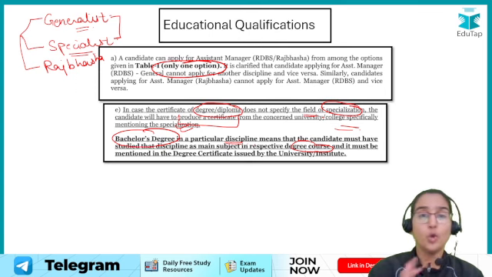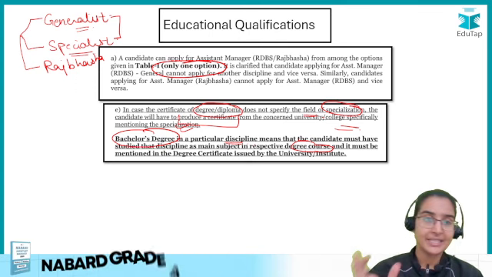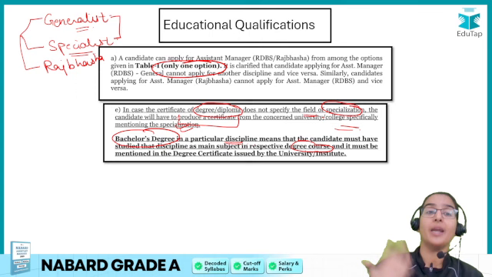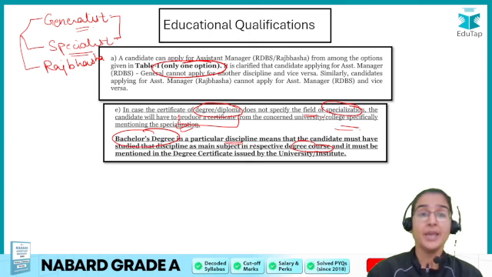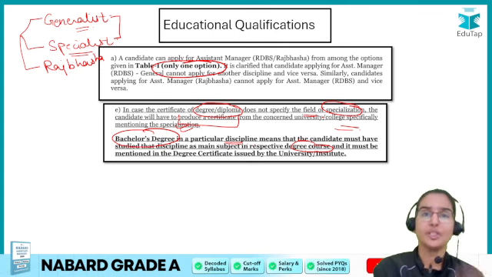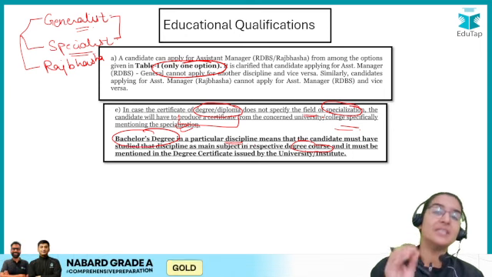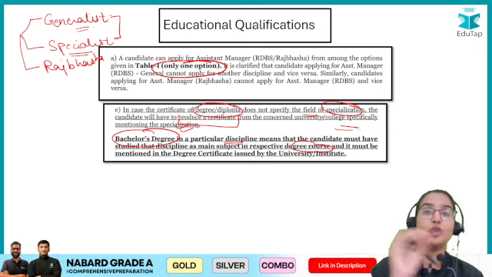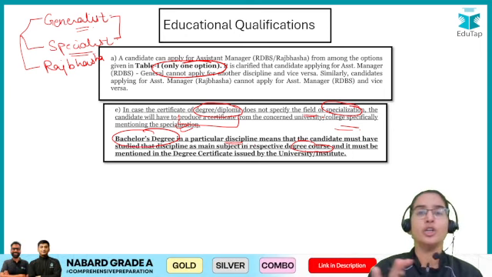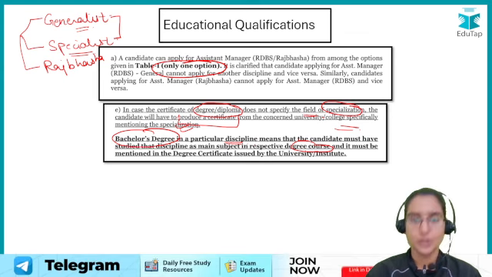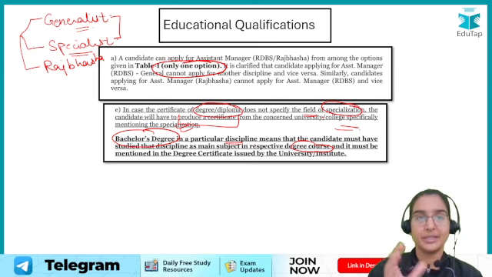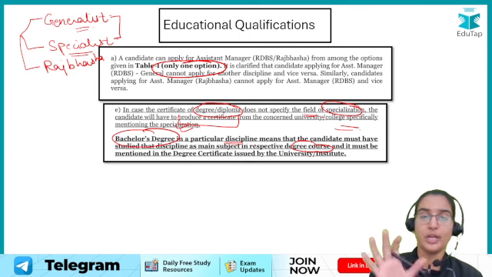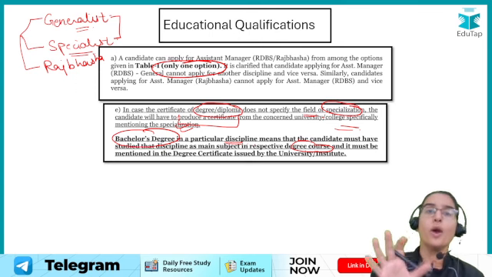Those subjects will not be counted as specializations if you are appearing for the specialized stream. If you have to produce the specialized degree, then you must have studied that particular subject as your main subject in your degree, and not just any additional or optional subject, right?